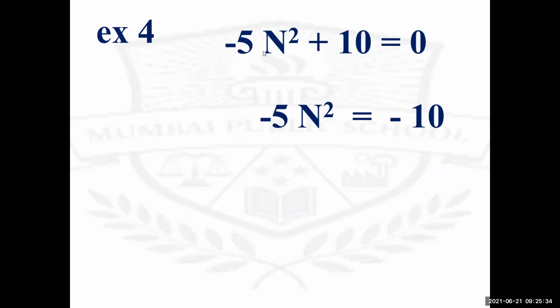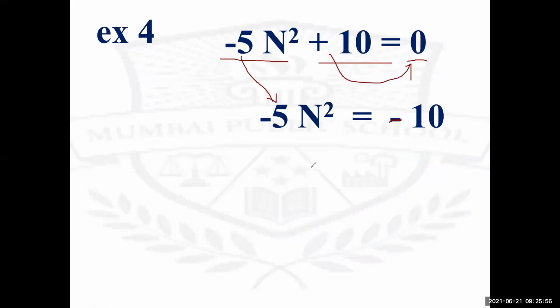Look, in this question you have already been given minus 5n square plus 10 equals 0. The minus 5 stays as it is, so minus 5n square. Now plus 10 goes to the other side and becomes minus 10.